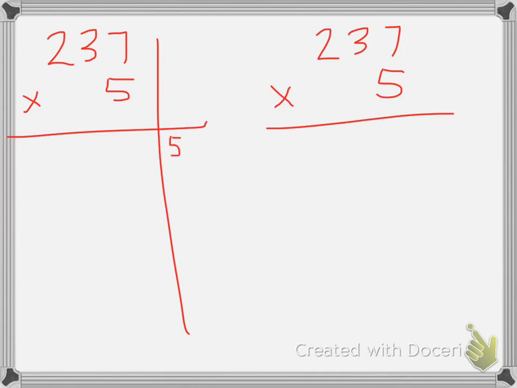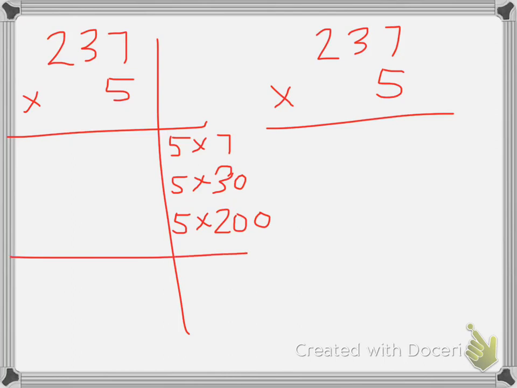Alright, so I've got my 5 times 7, my 5 times 30, and my 5 times 200. 5 times 7 gets me 35. 5 times 30 gets me 150.